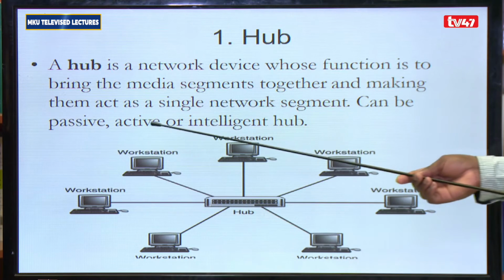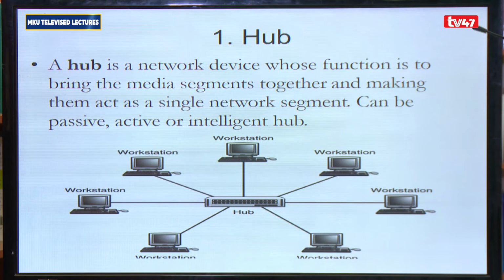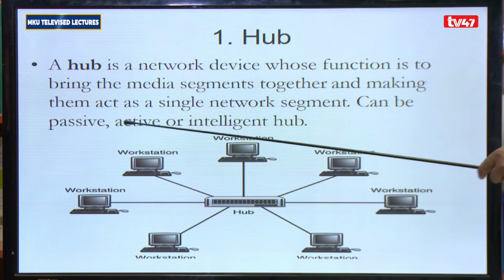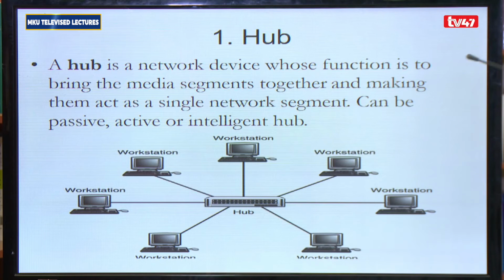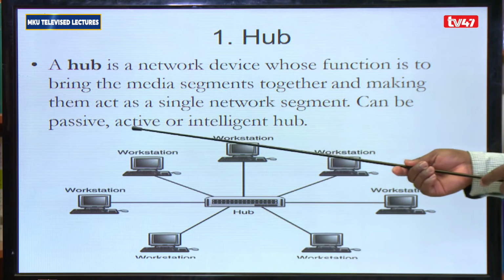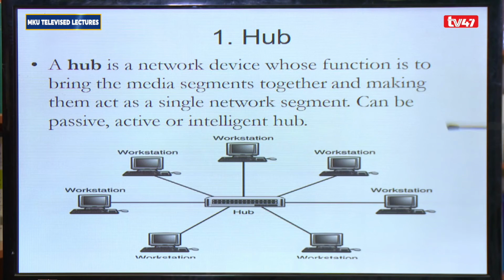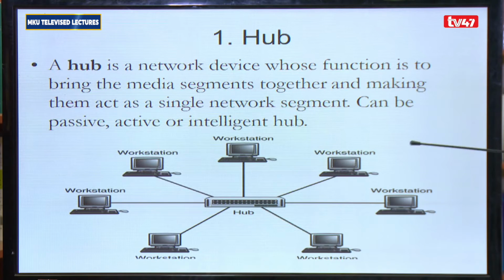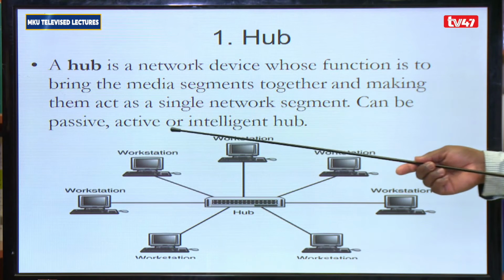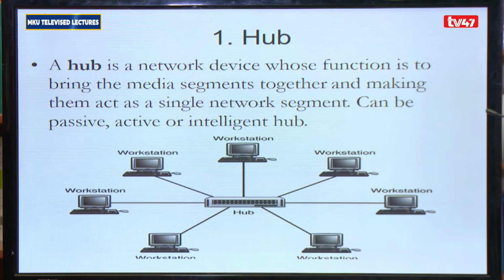So the active hub regenerates the signals, and to regenerate the signals is to re-energize them so that they can move a longer distance within the transmission media. They don't suffer from losing the strength of the signal along the transmission media, which is referred to as attenuation, and therefore by re-energizing them they are able to move a longer distance.